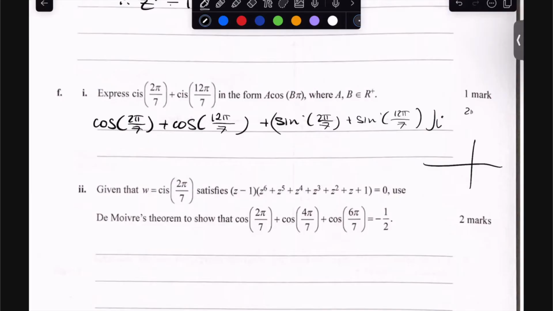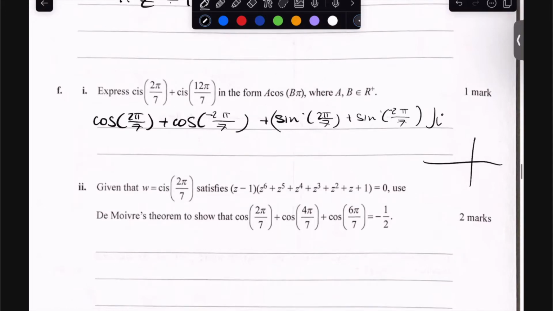So that's going to be negative 2 pi on 7, right? Now, that is 2 cos 2 pi on 7, because the cos, that negative goes away, but the sine one comes out, and this cancels. So it's just 2 cos 2 pi on 7.